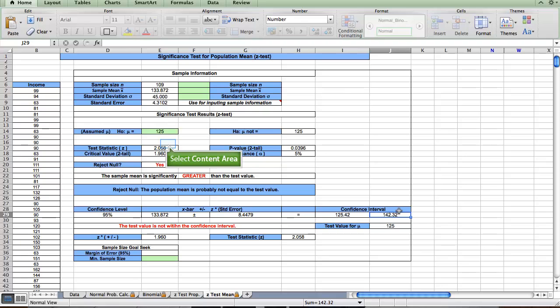Our results will always agree. If our test statistic is beyond 1.96, our p-value must be less than 5%, and the test value for mu must be excluded from the confidence range.